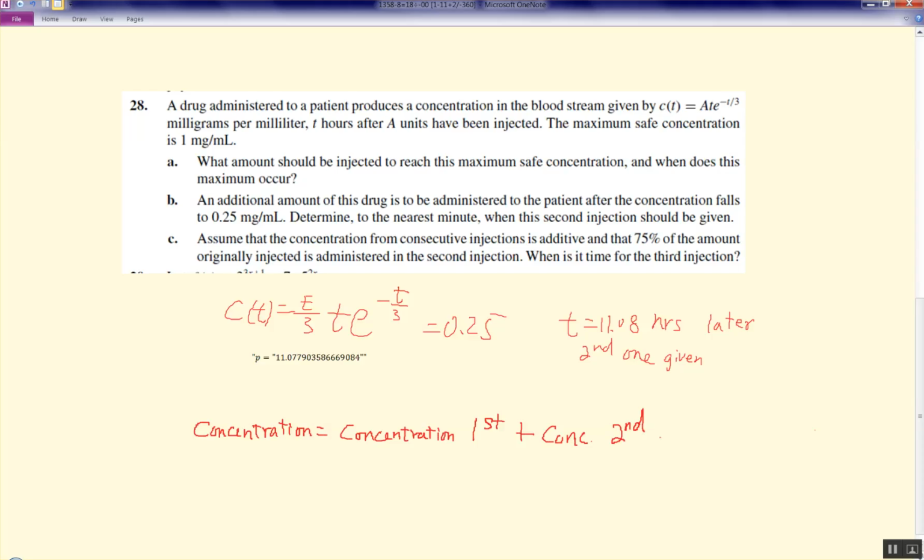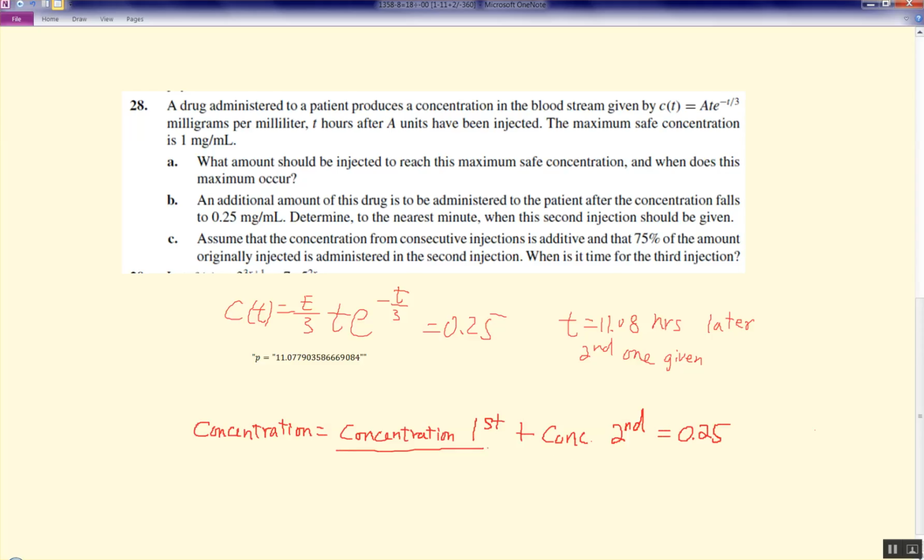And as time goes by, the concentration will decrease. When do you give the third injection? When this is equal to the 0.25 milligram per millimeter. So that would be the time we give the third injection.